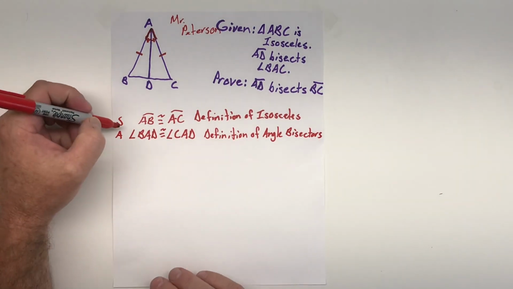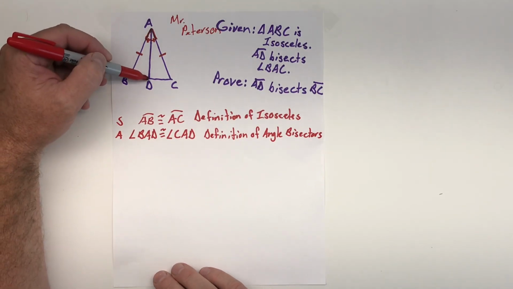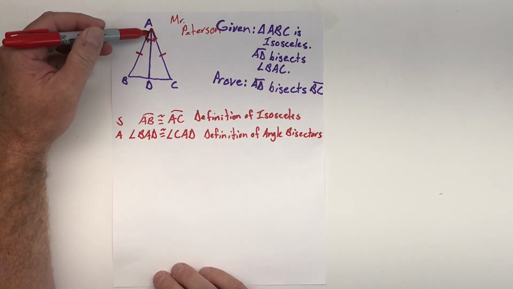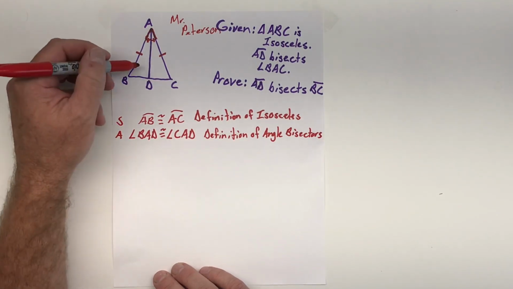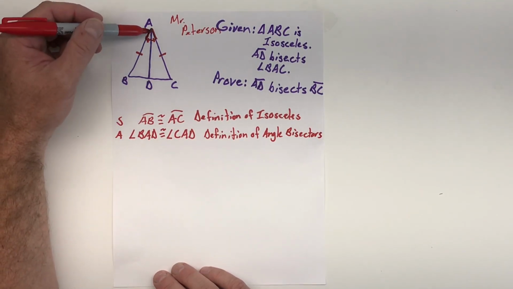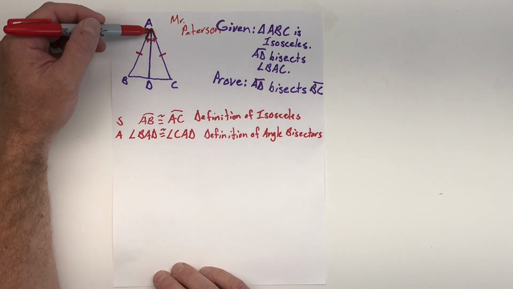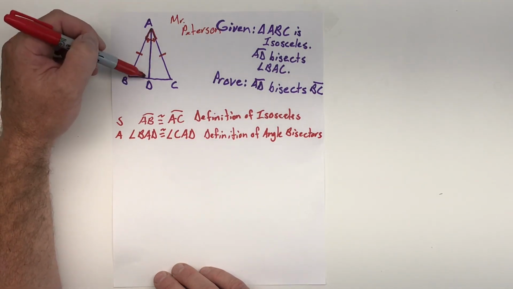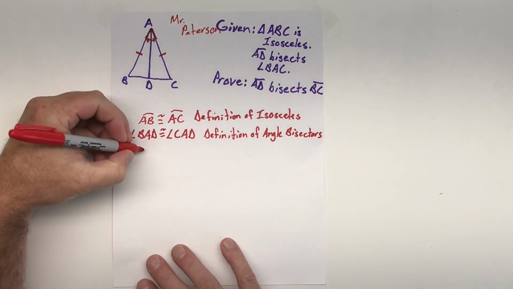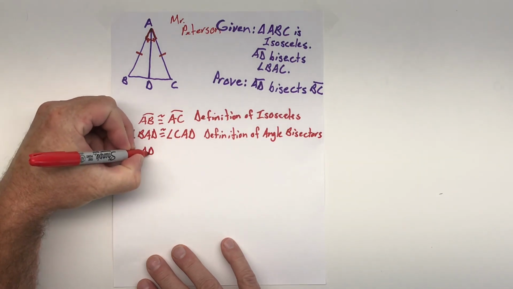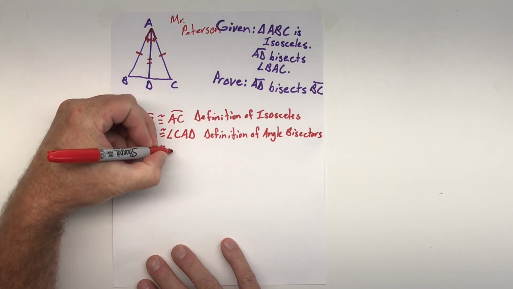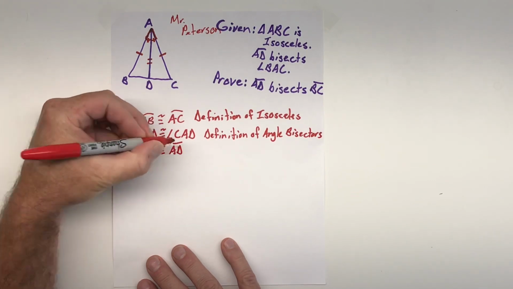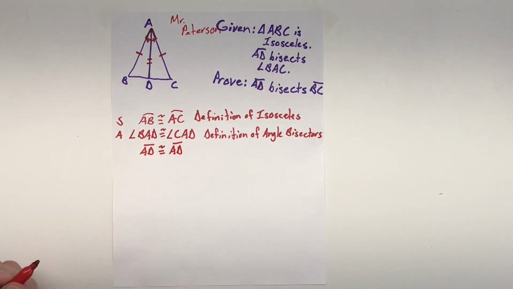And the last thing that I'm going to take is that both triangles, triangle BAD and triangle CAD, both of those two triangles share side AD. They both have the same side. So I'm going to say that segment AD is congruent to itself, because anything is congruent to itself.